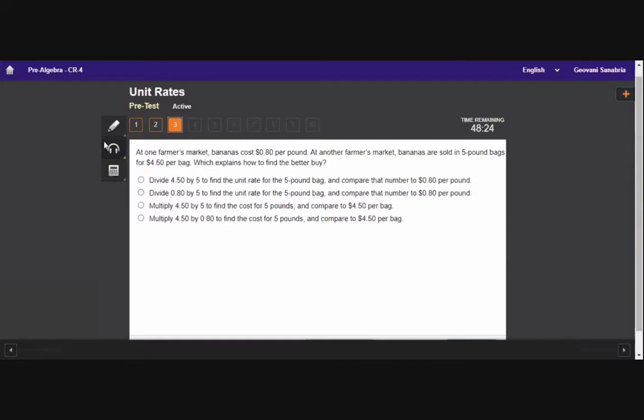But the whole idea is realizing that the 80 cents per pound is a unit rate, and $4.50 for 5 pounds is not a unit rate. So to compare them, you have to get them both to be unit rates. So you divide 4.50 by 5, and that'll give you a unit rate.